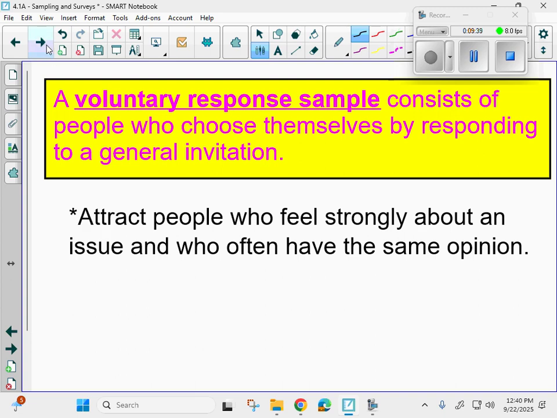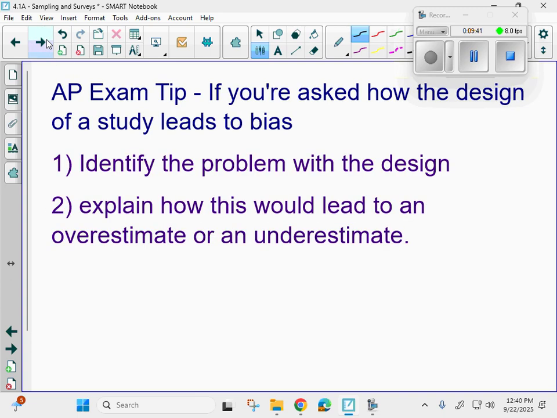So on the AP test, there are two things when it asks for bias. Identify the problem, which usually means I'm going to say it's a convenience sample or a voluntary response. We're going to have other bad methods too. You're going to pick the bad method, and then you're going to say, I think this is going to lead to an overestimate or an underestimate of the truth.